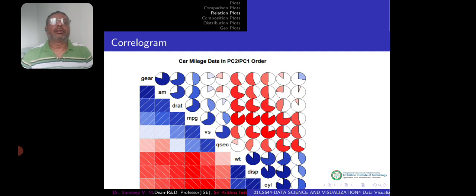So that's a higher version of correlogram we are seeing, but in basic form, it could be a simple correlation matrix. The whole matrix can look like only the lower part where each cell is shaded with a color, and the color talks about the correlation type, positive or negative, and the intensity.